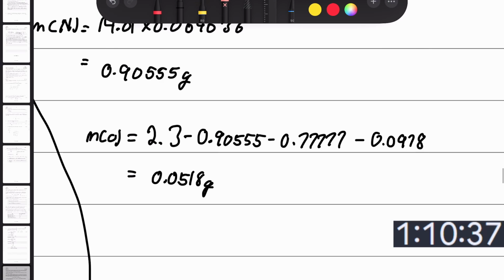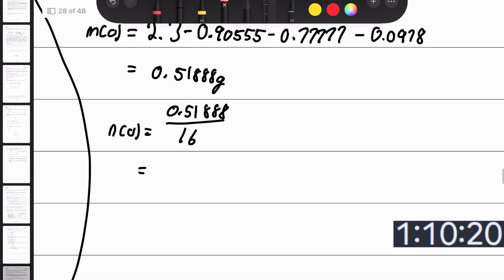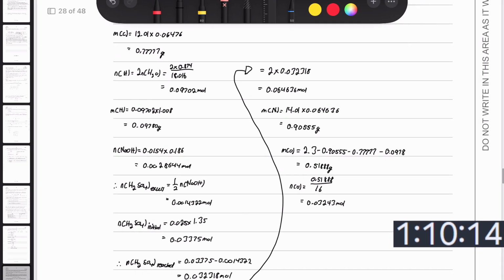That gives 0.0518 grams. Wait, no, 0.51888 grams. So the number of oxygens is that over 16, which is 0.03243 moles.